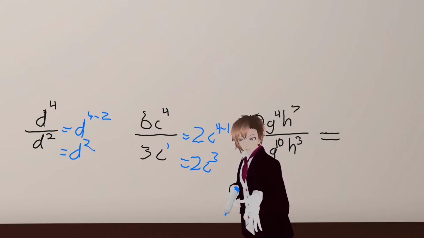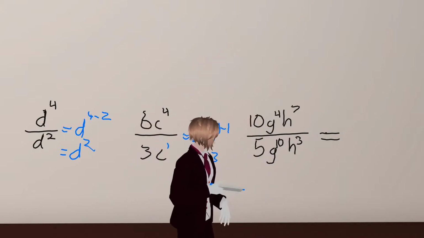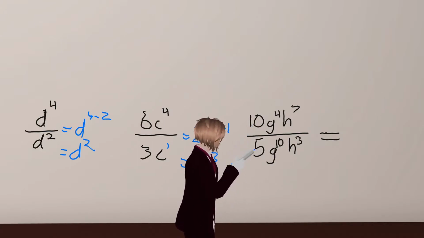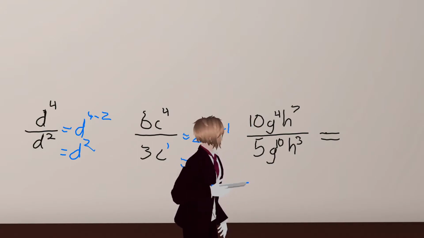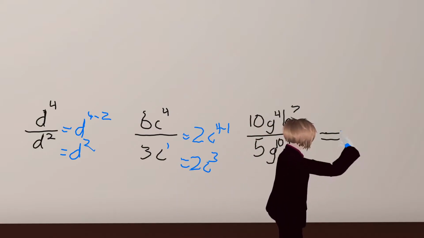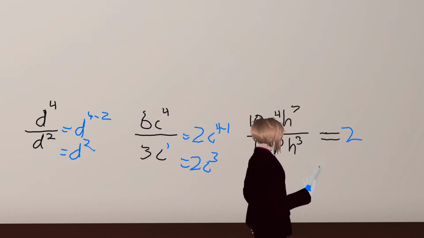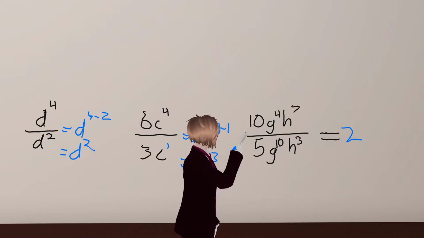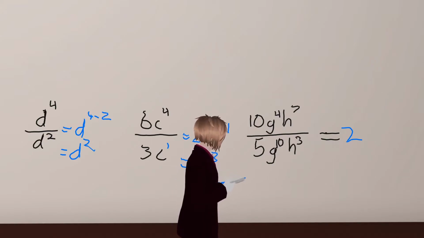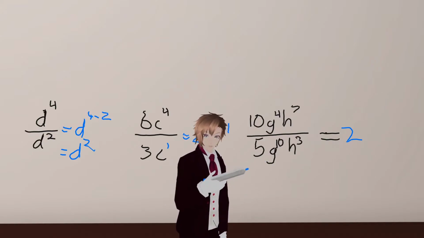So let's have a look at this last one, which has multiple numbers and variables. So here we have a 10 and here we have a 5. 10 divided by 5 is 2. So let's write that first. Now, we have g to the power of 4. Is there another g? Well, there's one on the bottom, so we can work that out.